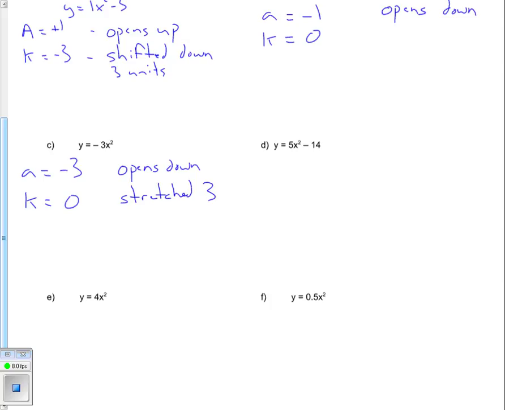So let's take a look at D here. Again, we'll identify the a and the k value. The a value is positive 5, and the k value is negative 14. Because the a value is positive, it opens up. Because the a value is not 1, but in fact 5, it's stretched by 5 units.